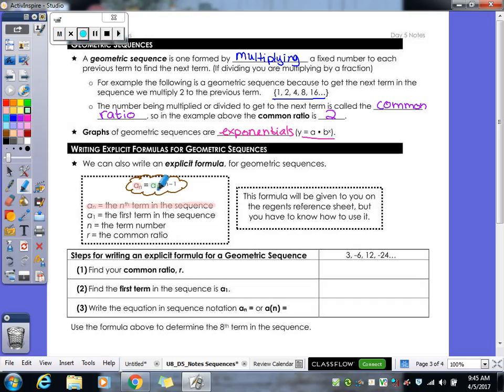Your a sub 1 here is still your first term of the sequence. We always need to know that one. Your n, which is up in that exponent spot, is still the term number, so that hasn't changed. And then your r is going to be our common ratio.